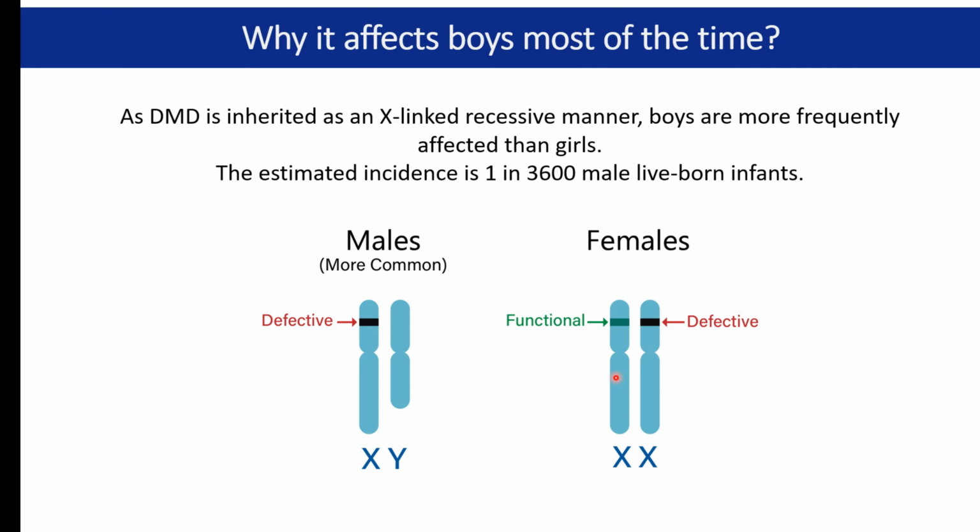In the case of females, because they have two X chromosomes, if one is defective, the other can contribute the gene function. That's why females are mostly carriers, which means they can carry the disease to the next generation, whereas in a male, if there is one defective gene, the condition appears in that kid.